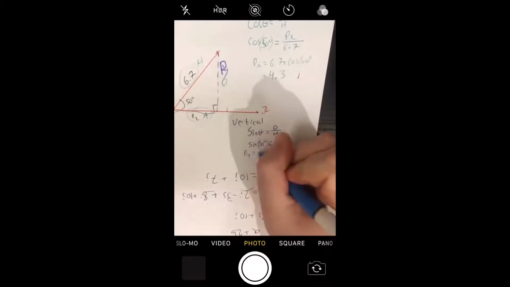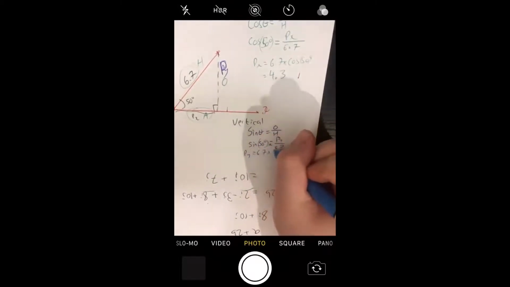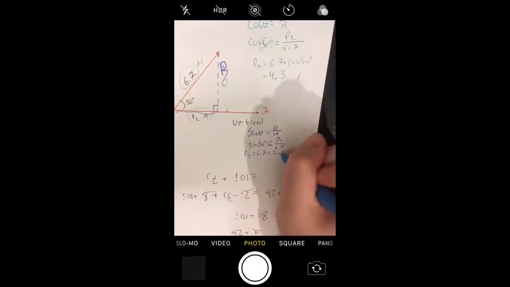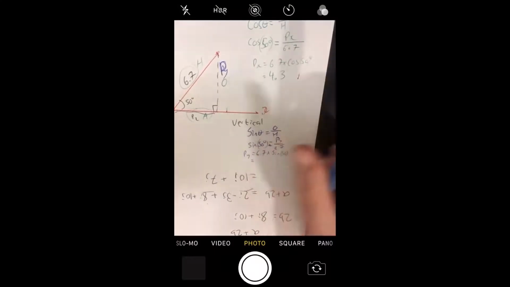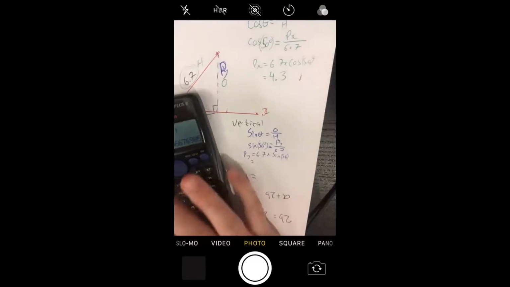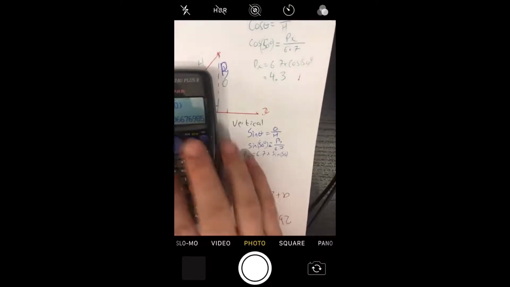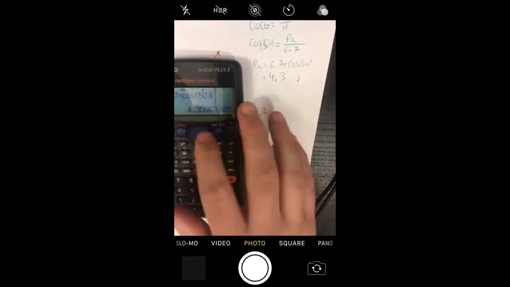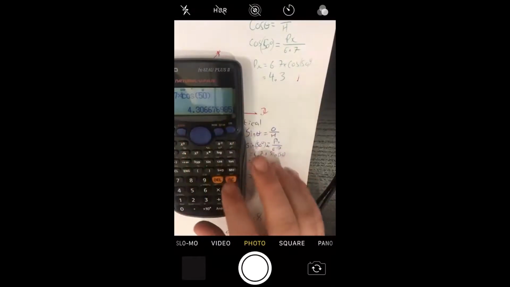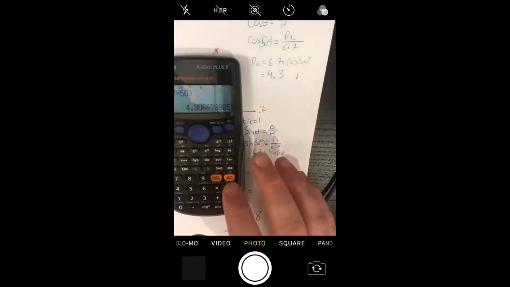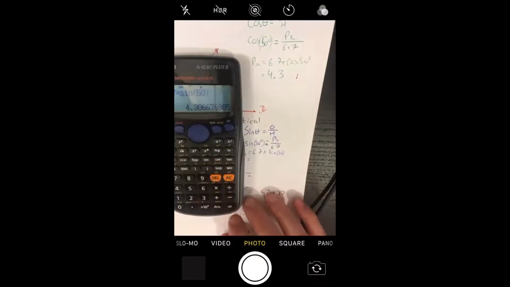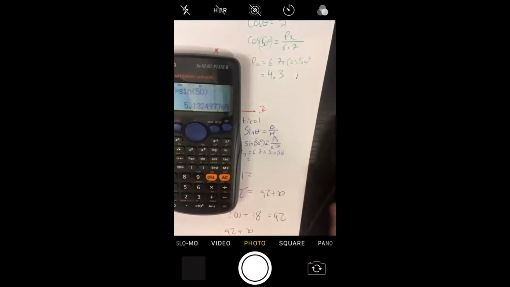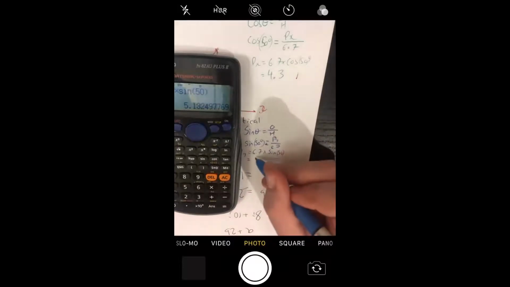P of y equals 6.7 times sine of 50 equals, I wonder if I can just go like this. Oh, look at that. Let's just delete cosine and put sine. So lazy, but the best. 5.12, so we go with 5.1.